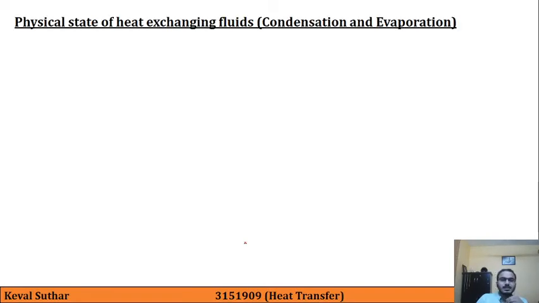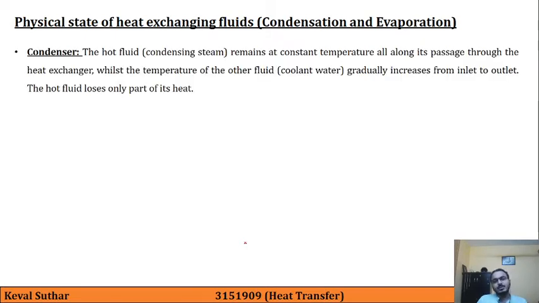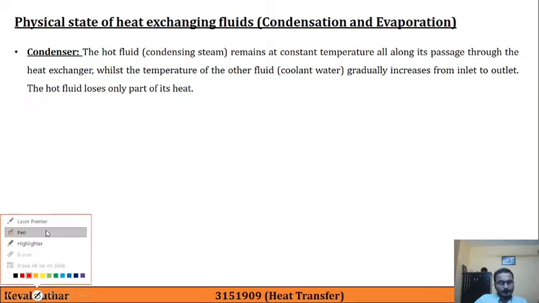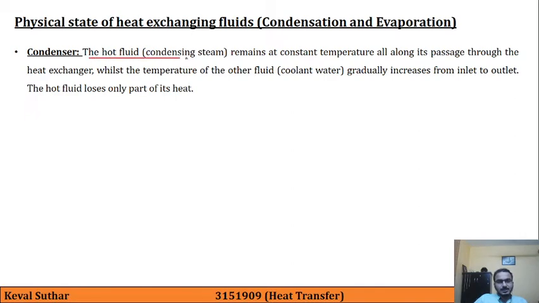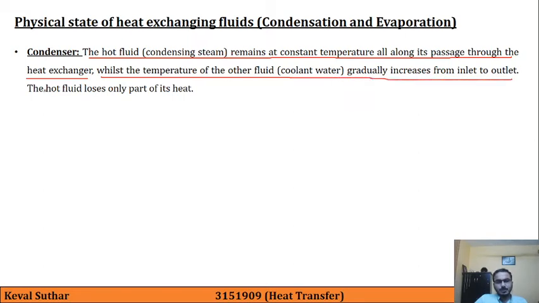Now the physical state of the heat exchanging fluids. First we will discuss the condenser. So the hot fluid, that is condensing steam, remains at constant temperature all along its passage through the heat exchanger, while the temperature of the other fluid gradually increases from inlet to outlet.